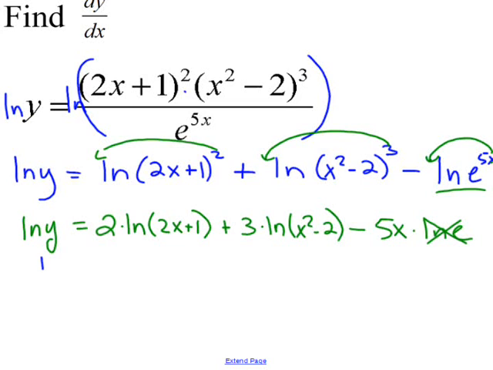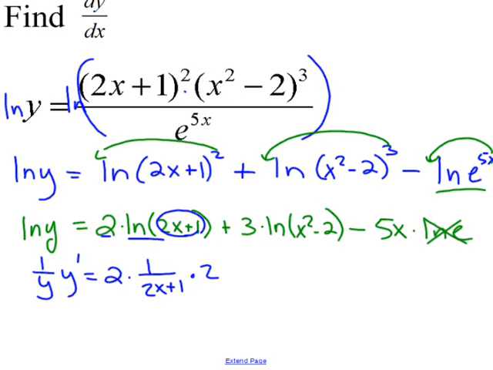So I've got 1 over y prime. This is just a constant times a function. So remember when we take the derivative of a constant times a function, it's just a constant times the derivative of this function. And the derivative of ln of 2x plus 1 is 1 over 2x plus 1. Please don't forget the chain rule. Times the derivative of the argument, which is 2.